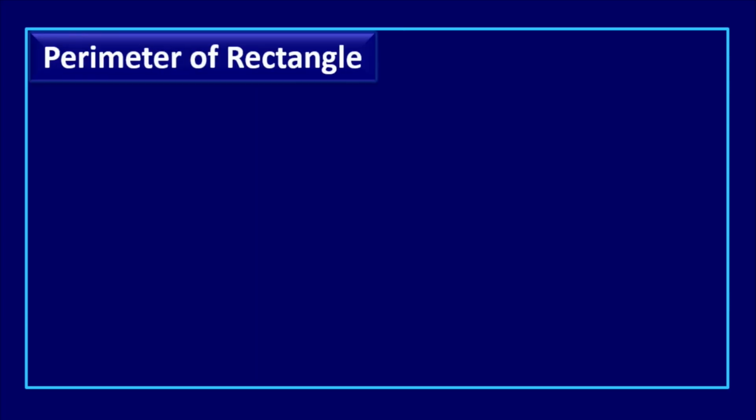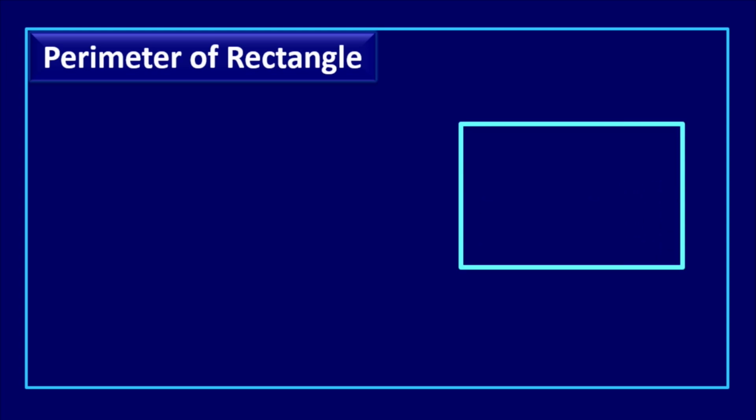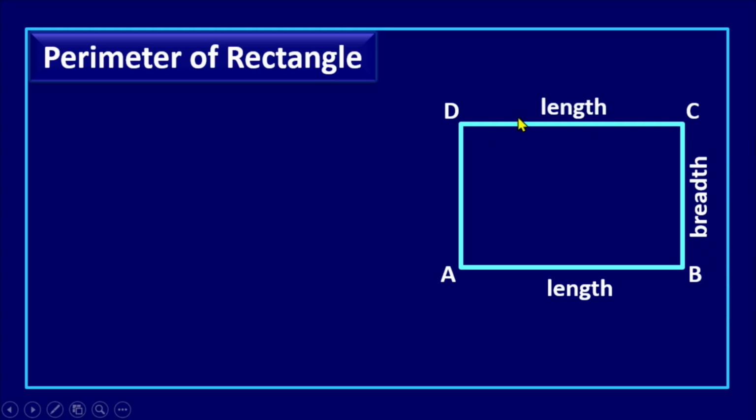Now take a look at another polygon, children, that is the perimeter of a rectangle. Now consider a rectangle here, ABCD. AB is the length and BC is the breadth. Similarly, CD is the length and AD is the breadth.